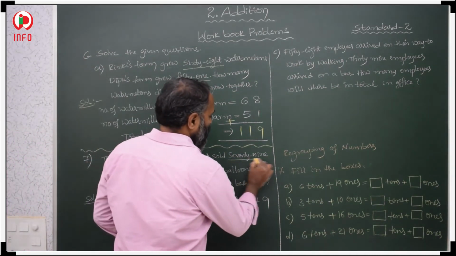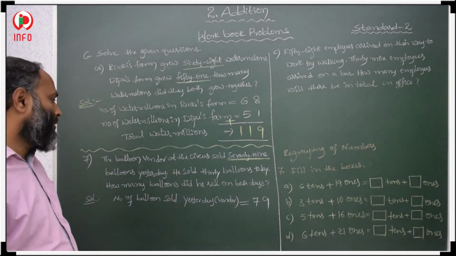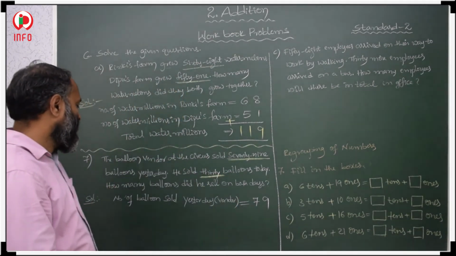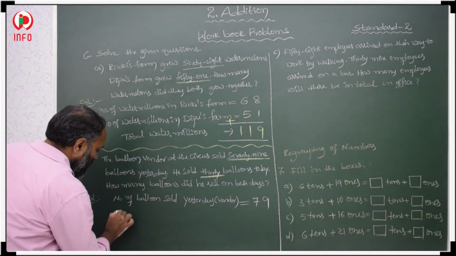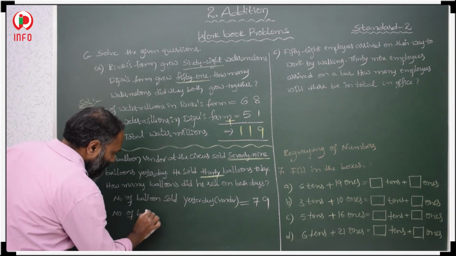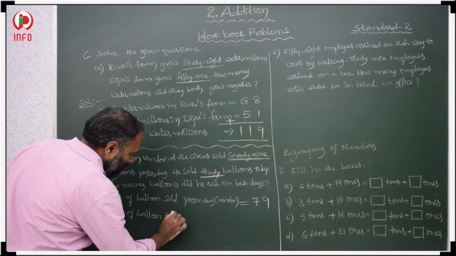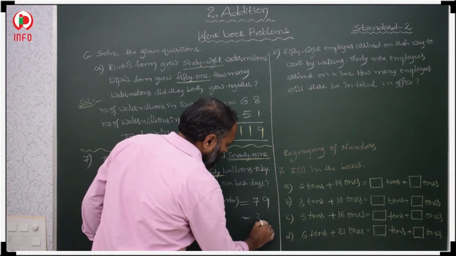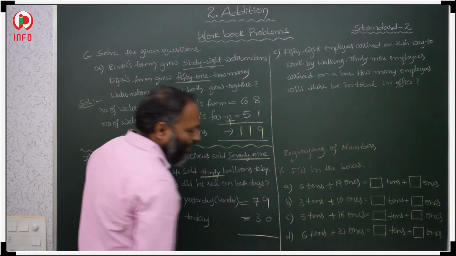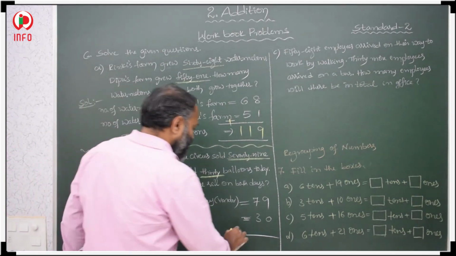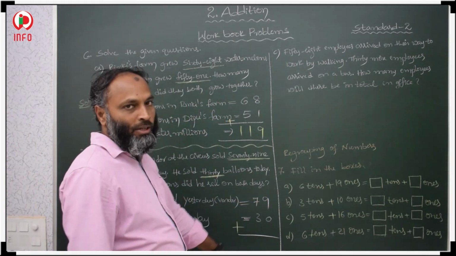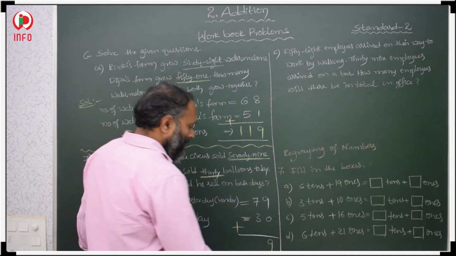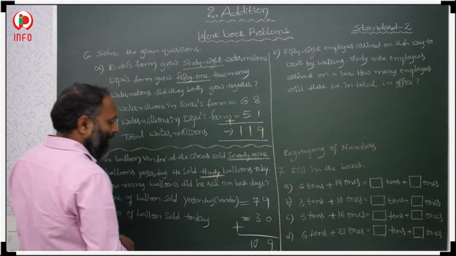He sold 30 balloons today. Number of balloons sold today: 30. Then total how many balloons did the vendor sell? Then we have to add. 9 plus 0 is 9. 7 plus 3: 7, 8, 9, 10. Total 109 balloons he sold.